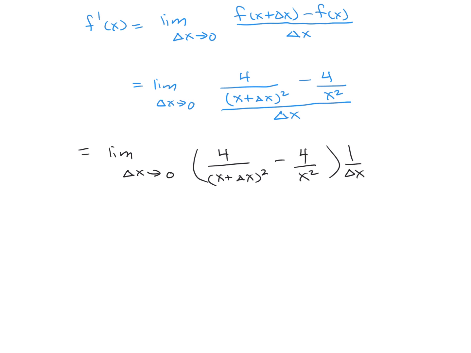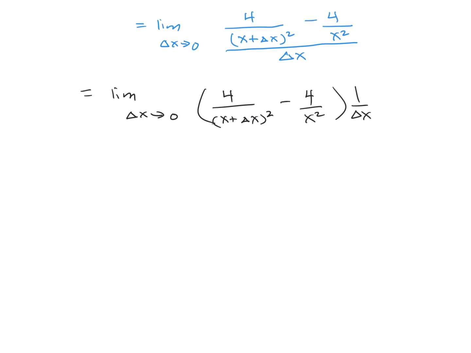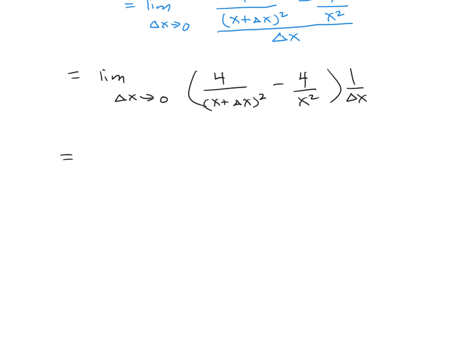So now you'll notice that we need to go in and find common denominators so we can subtract these two fractions. So in doing so, we will take the first fraction and multiply by x squared over x squared.